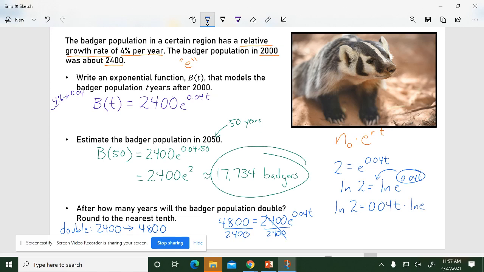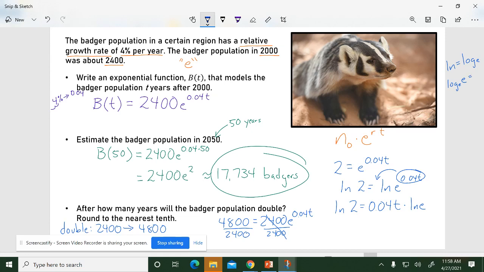So think for a second about what natural log is. Natural log, ln, is the same as log base e. So basically what we have here, when we have ln of e, that's log base e of e. And so what you're asking is, e to what power is equal to e? Well, e to the first power equals e.